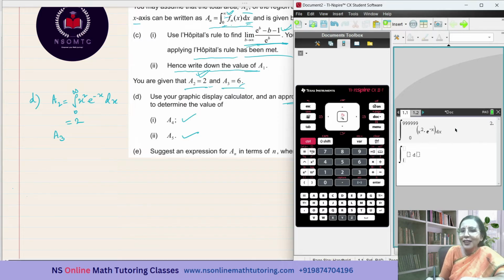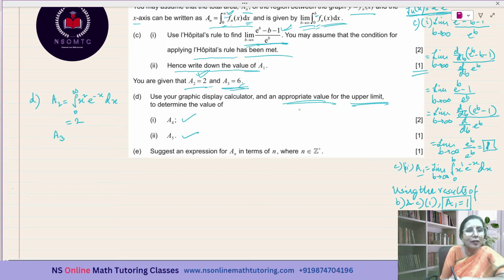So again, I'm taking the same thing: 0 and 6 nines, and x to the power of 3 times e to the power of negative x and dx. Enter. See, a3 equal to 6.